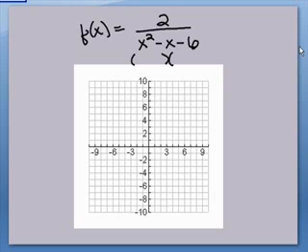So we've got x and x, factors of -6 whose sum is -1. We're going to have -3 and positive 2. So our domain is all real numbers except x cannot equal 3 or -2.